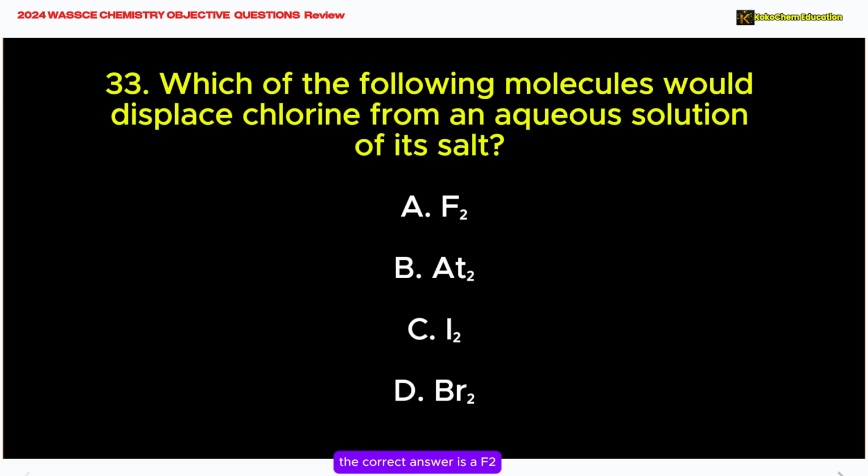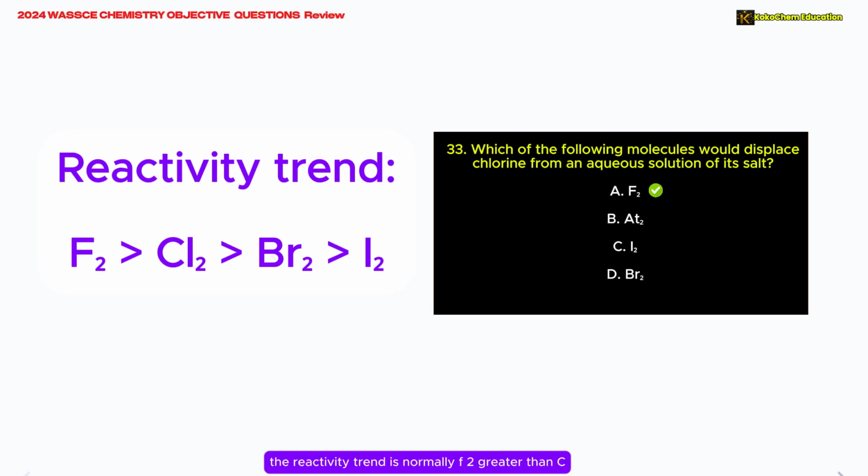The correct answer is A. F2. Explanation: fluorine is more reactive than chlorine and can displace it from its salt solution. The reactivity trend is normally F2 greater than Cl2 greater than Br2 greater than I2.